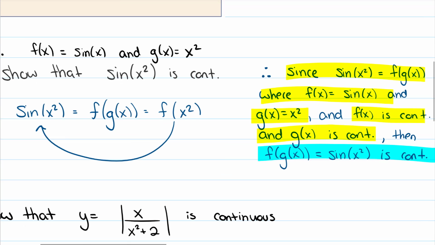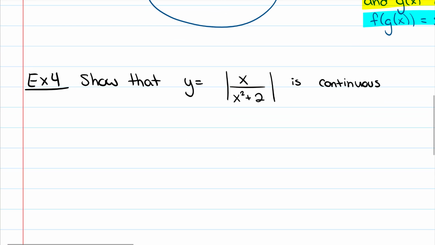So let's try another example. In example 4, I want you to try to show that y is equal to the absolute value of x divided by x squared plus 2 is continuous. So the first step to doing this is we're going to determine the composite function that makes it up. So we need to determine what is the outside function. And so I see we have an absolute value that surrounds the entire function.